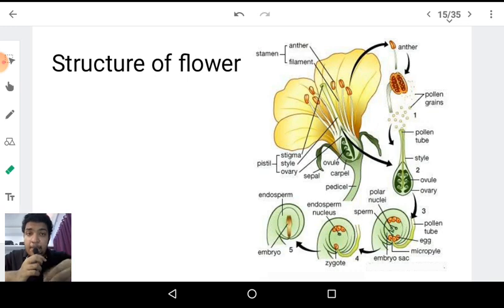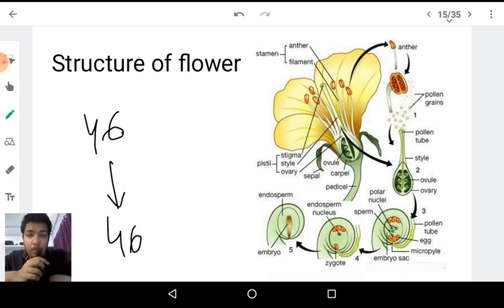Now, what is the peculiarity of gametes? Gametes are single-celled and are produced by a parent organism by the process of meiosis. This is the only cell in our body which is produced by meiosis. All other cells in our body are produced by equational division, which is mitosis. That means each and every cell in our body has 46 chromosomes. So when these cells divide, we get another cell which has 46 chromosomes.